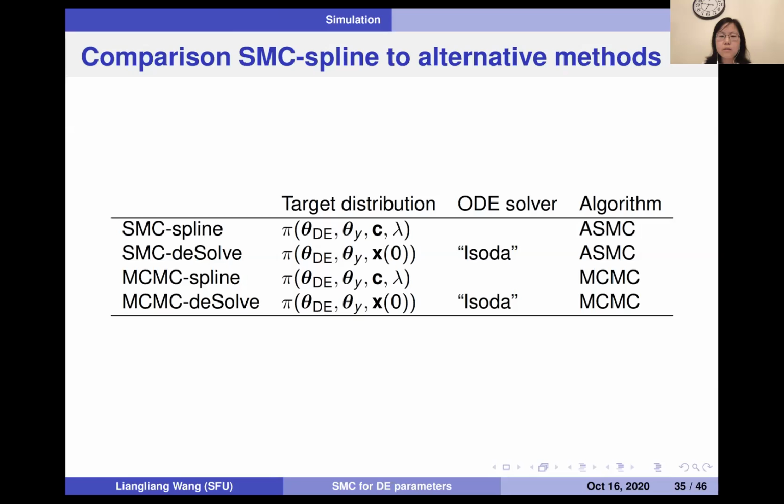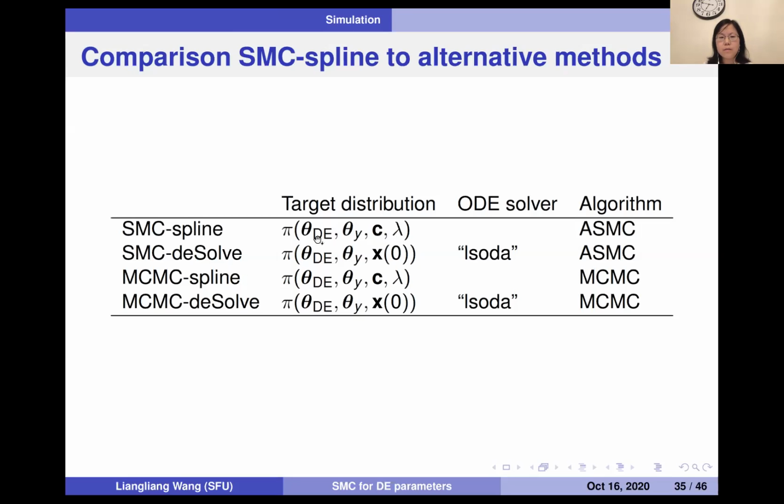In our case, because we represent the differential equation x of t using the basis function expansion, we don't need the initial state. We only need to estimate the basis function coefficients c, and we need a smoothing parameter lambda in our model. So that's our target distribution.